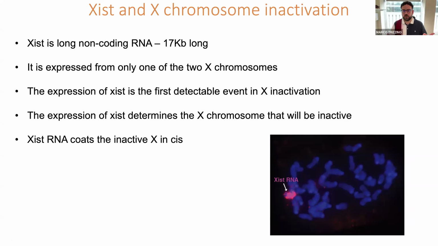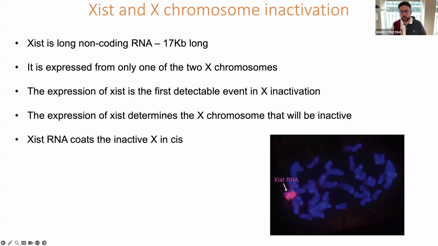And which chromosome will express XIST will determine which chromosome will be inactivated, because XIST works in cis, which means it works on the same chromosome where it's transcribed from. And so the X chromosome that transcribes XIST will be inactivated by XIST itself. So how does that work?